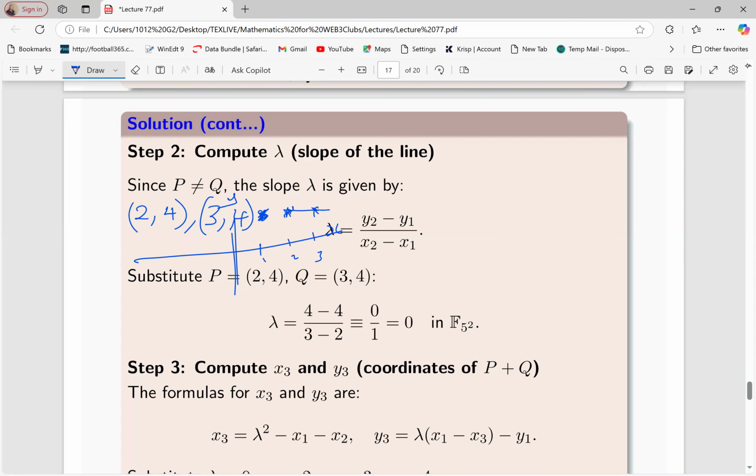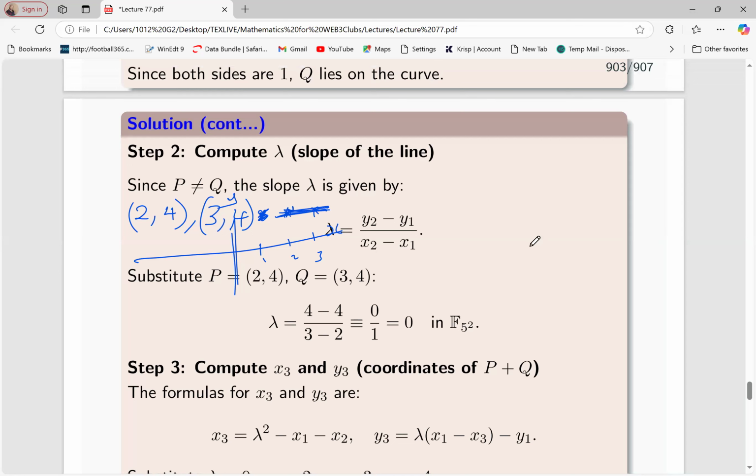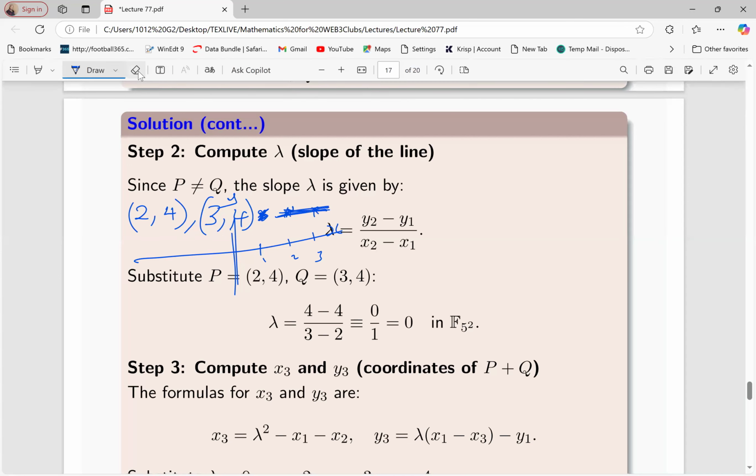So they are on a horizontal line. They are not on the same vertical line. If they had been on the same vertical line, the answer would have been the point at infinity. That would be the sum.